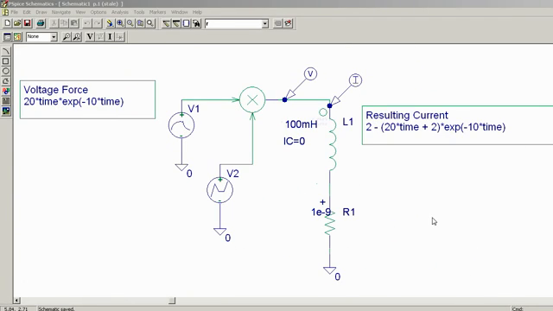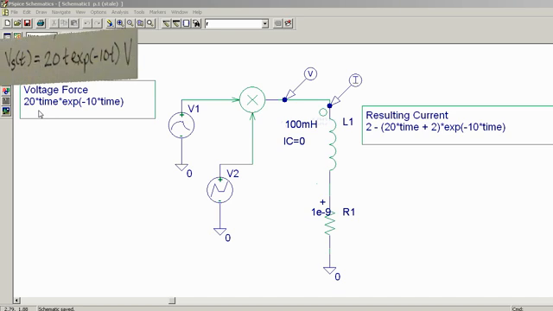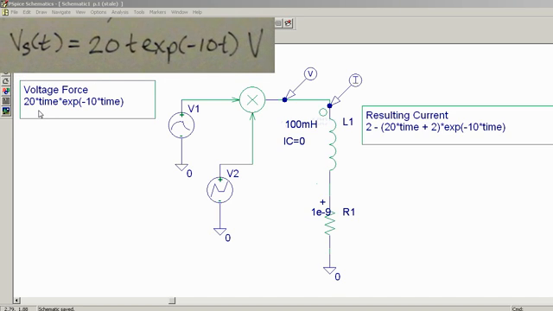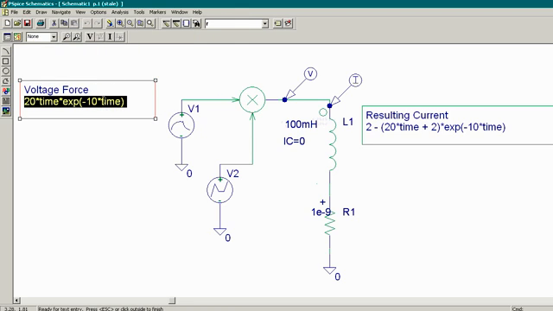Okay, so for our simulation verification here, what we'll do is make sure that we have our forced voltage composition, which is 20 times t times exponential negative 10t, and we'll verify that. Go ahead and copy that expression. We will verify that up to this point in the circuit by placing a voltage probe here. So this is the forced voltage across our inductor, and our simulation gives us this.